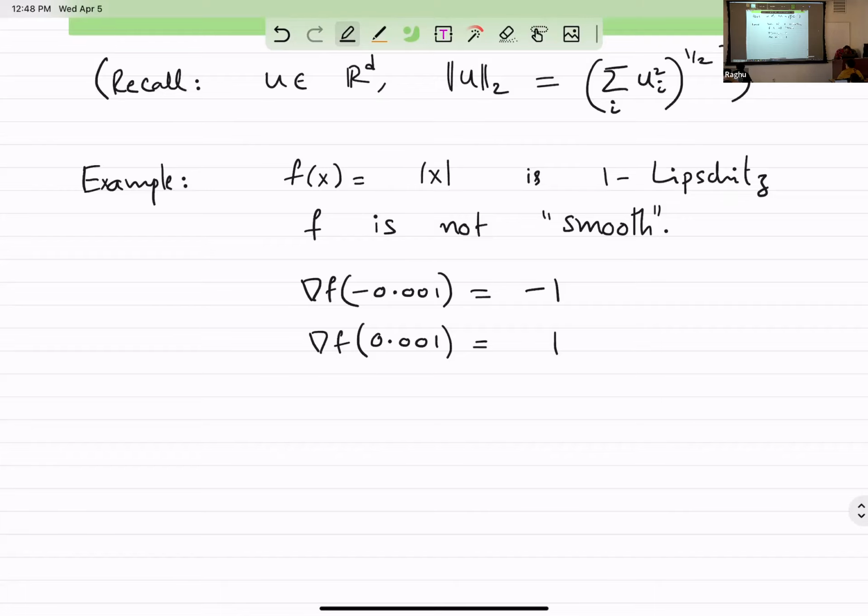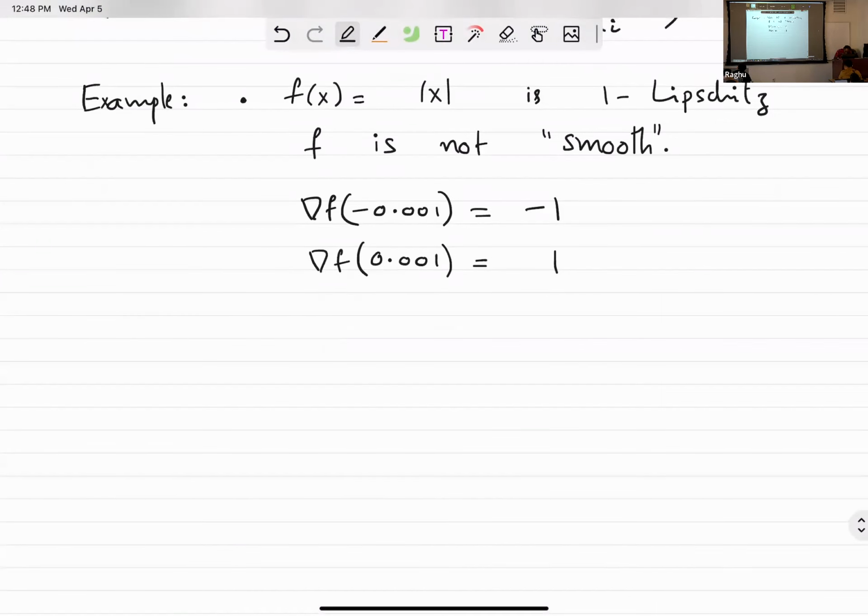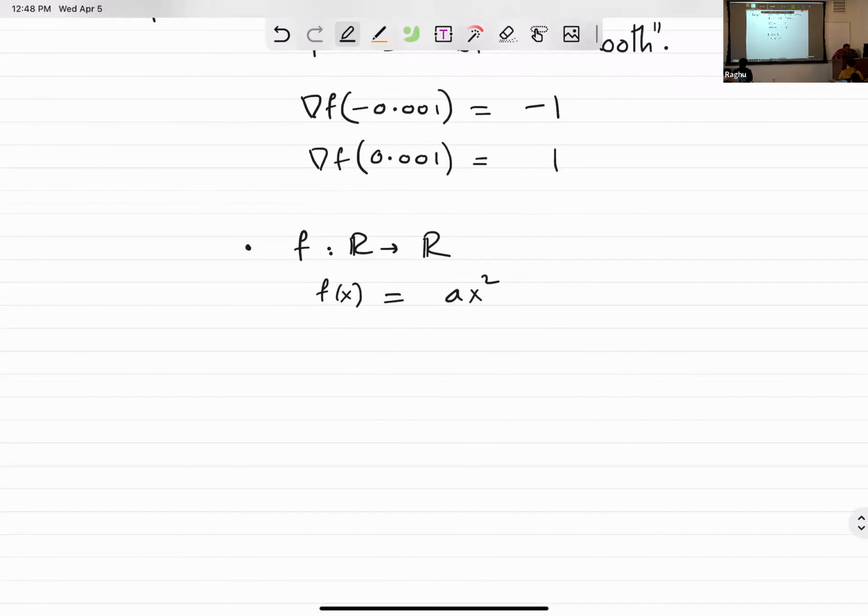On the other hand, we can take a different example. Let's say f of x, again a univariate function, is a quadratic, ax squared plus bx plus c. Now, what is its gradient or derivative? It's 2ax plus b.